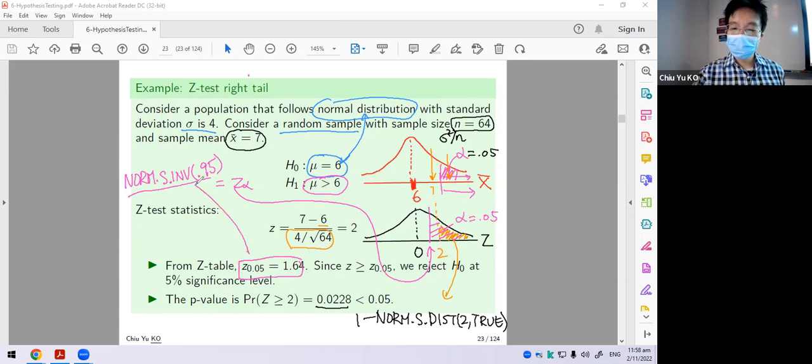This number is the lowest point at which you will reject, the rejection region. So 2 is inside the rejection region, so we reject. I hope that by defining the rejection region and the p-value carefully, you see both methods are exactly the same.